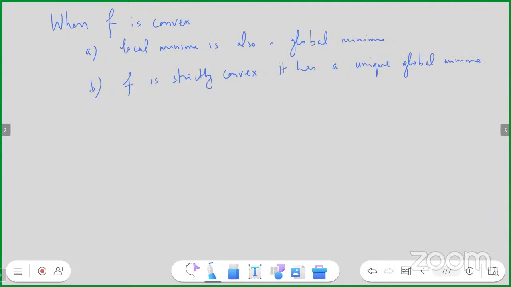Okay, the second one. I'll write a proof also for both of them, but I want you to think about it first. For the strict case, that equal to will be strict inequality.